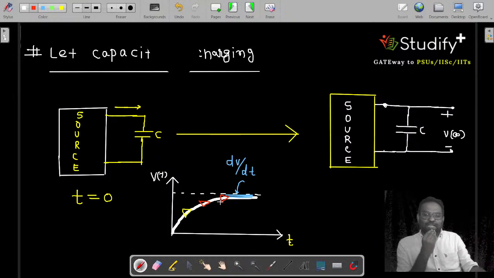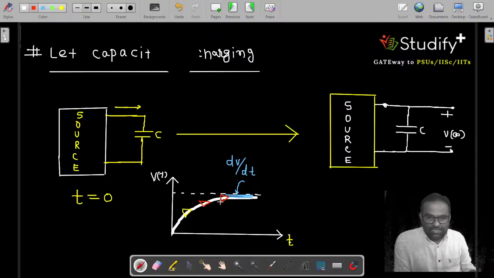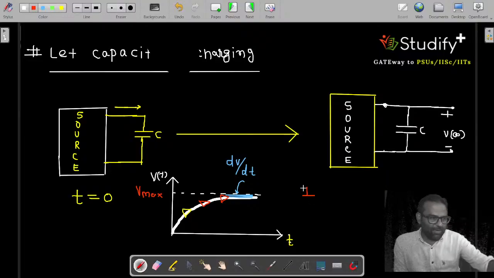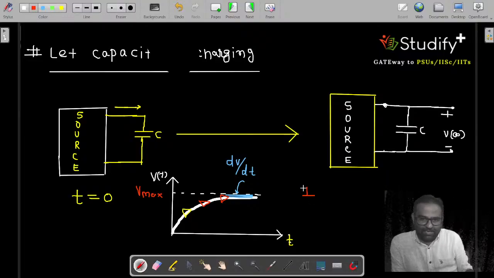So voltage is increasing across the capacitor. At the maximum, V maximum, the derivative of the tangent is 0, and you know that I is given by C dV by dt. So I of infinity is also equivalent to 0.